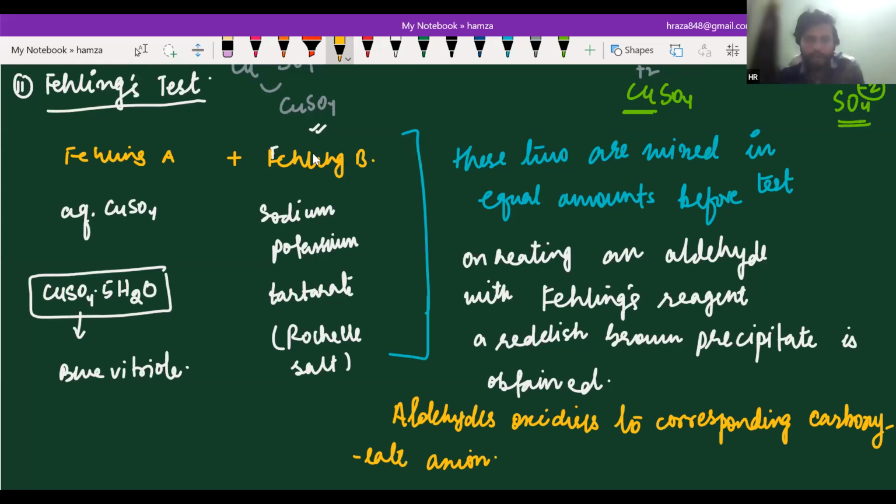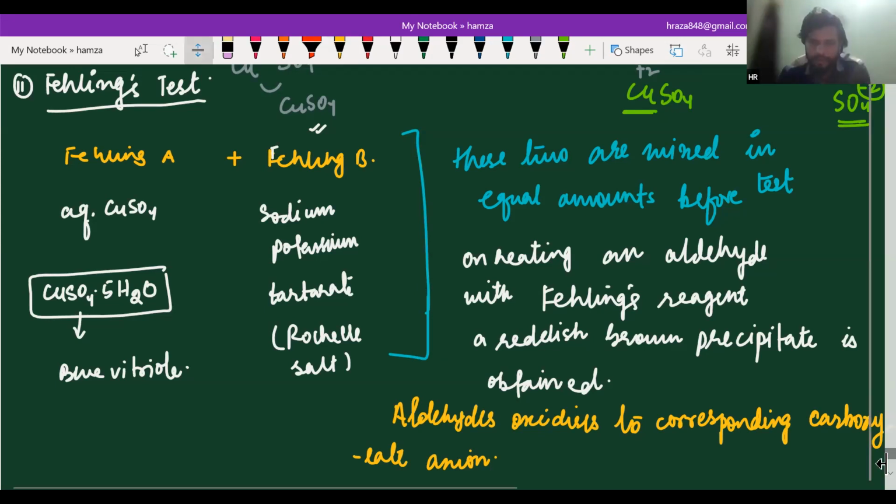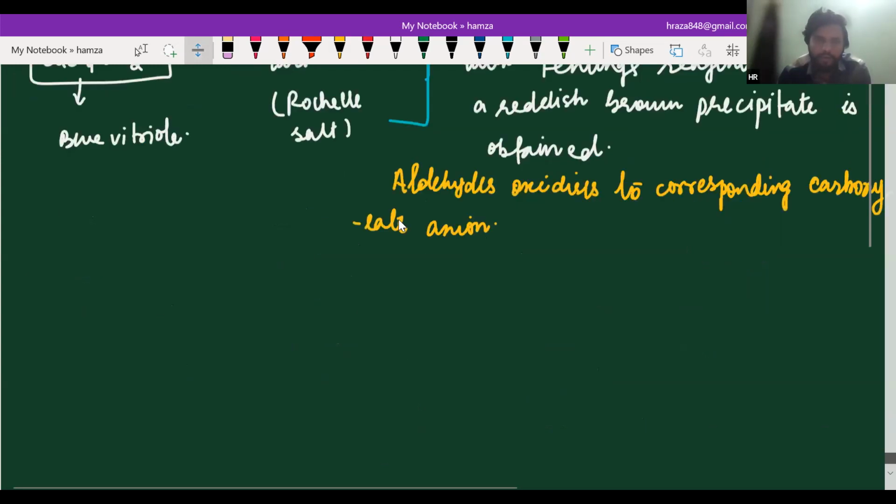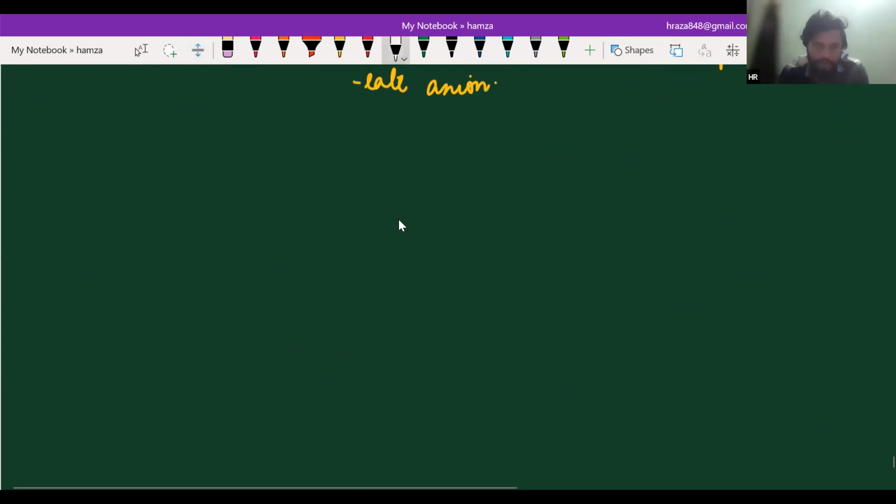Now see what happens. As you know, in this copper sulfate, Cu will have +2 oxidation state, and this is RCHO, which is an aldehyde, and you are going to carry out this reaction in alkaline medium.